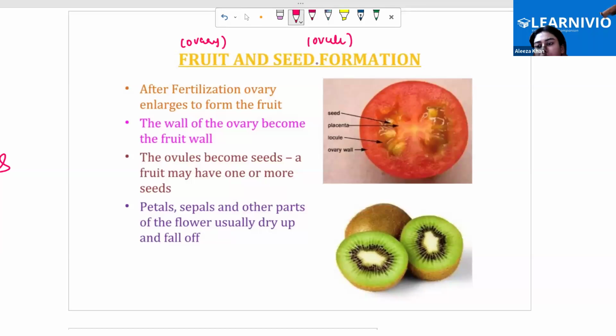So what happens after the fertilization? The fusion of pollen grain and the ovum results in the formation of zygote.